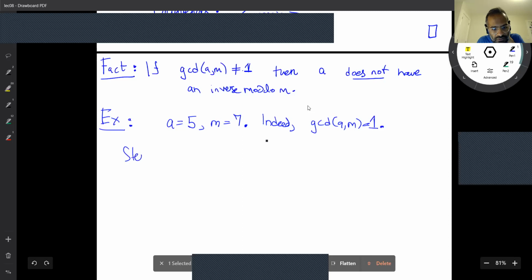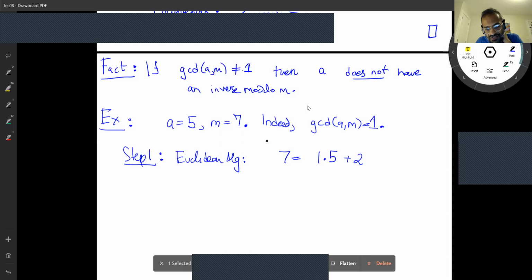So step 1 is to find the Bézout coefficients. So step 1 is to apply the Euclidean algorithm. So 7 is equal to 1 times 5 plus 2. So I just keep dividing, right? Then I replace this by 5 and 2.